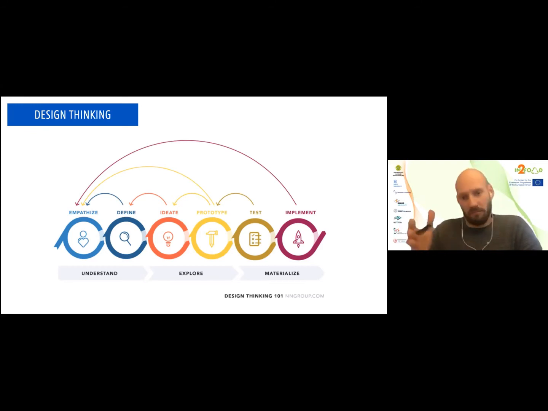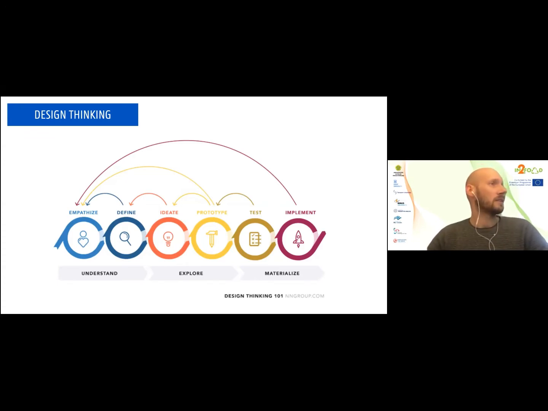And at the end, but for design thinking it's never the end, when tests prove that some of the ideas are good enough, some of the prototypes do work, we try to implement them as soon as possible in their ecosystems. But then again, it's not because we have found one solution or part of a solution that, when it's implemented, we do not keep iterating and researching again and try to understand better what the implementation gives for new problems.